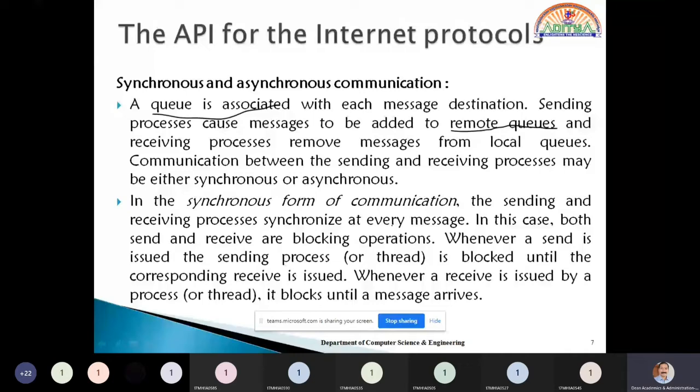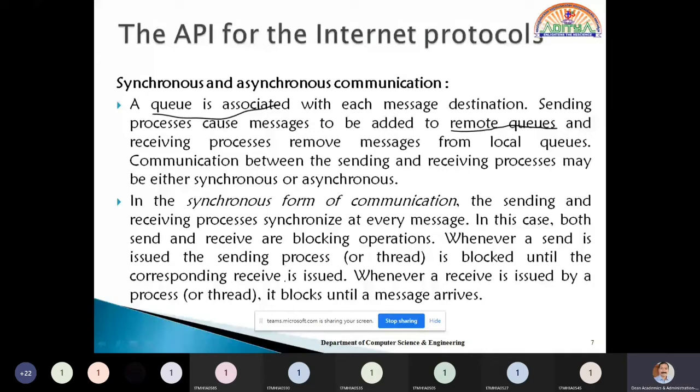As a part of that, both the send and receive are blocking operations. That means whenever a sender issues a send, the process is blocked until the corresponding receiver receives that particular information.